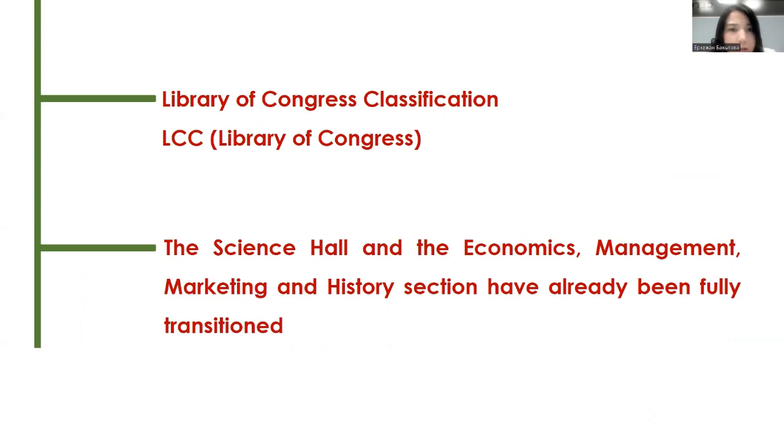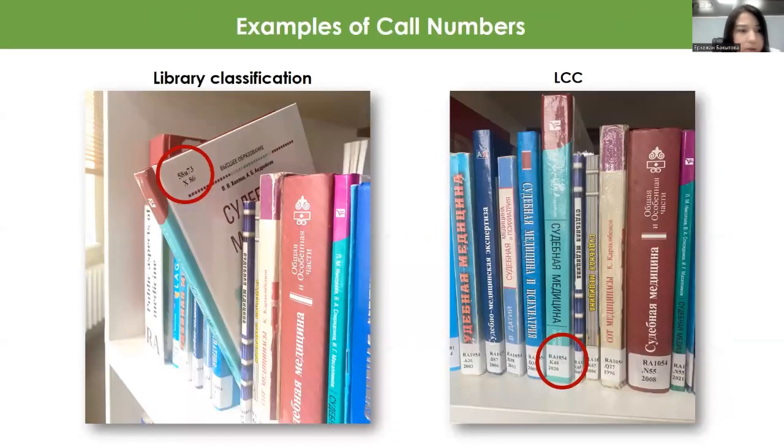LCC is an abbreviation of Library of Congress Classification. Here are some examples of shelf shifter and BBK and LCC indexes. Note that the BBK index is in the upper left corner and the LCC index is at the bottom. This will help you find the right book faster.